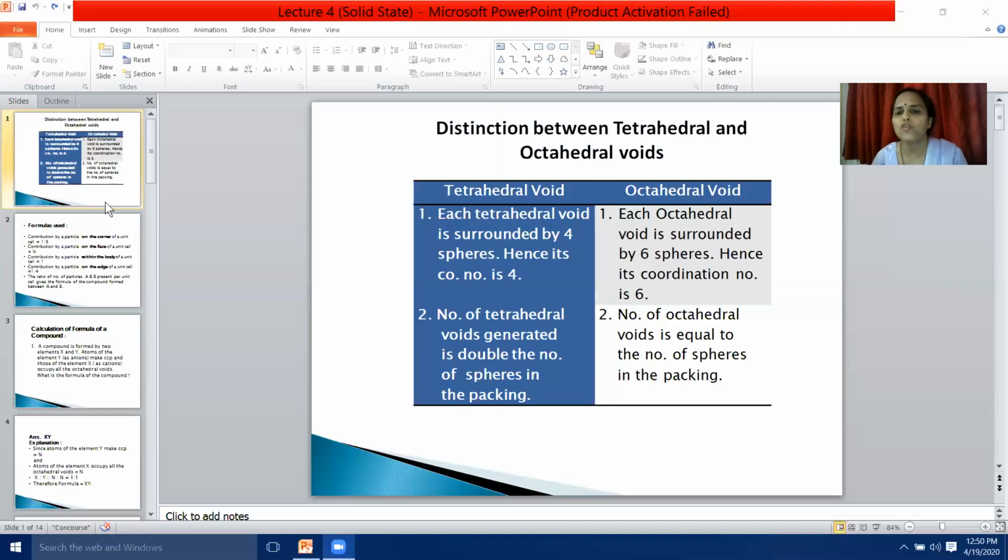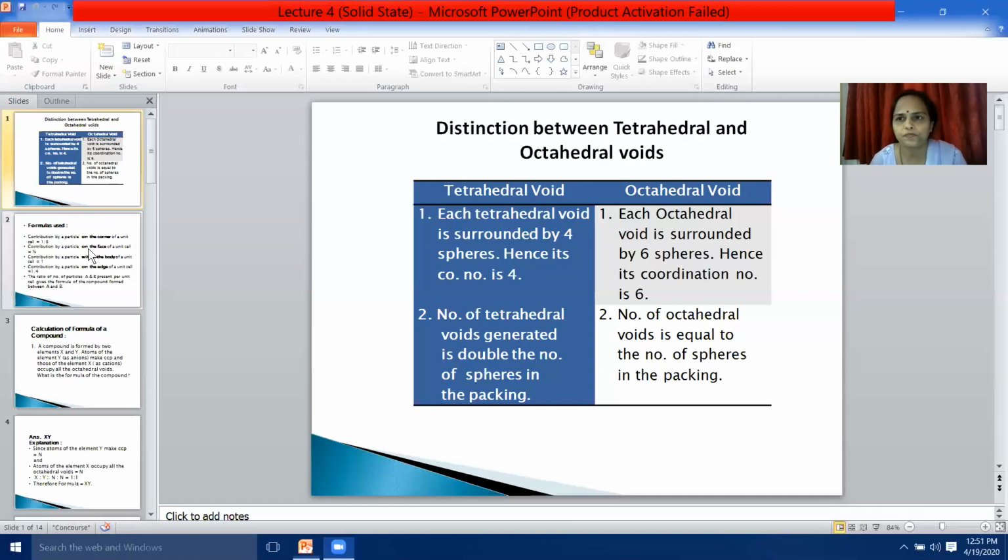And the number of octahedral voids is equal to the number of spheres in the packing. That means if I take n close packed spheres, then the number of octahedral voids generated is also equal to n. So this is the distinction between tetrahedral and octahedral voids.